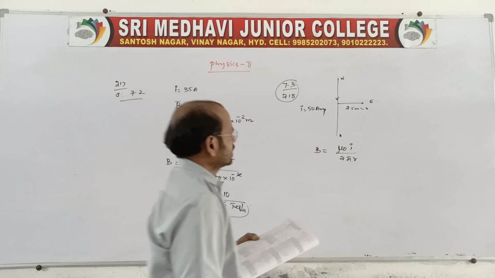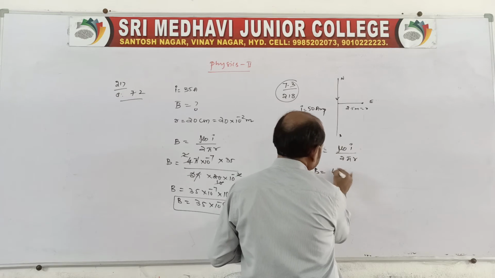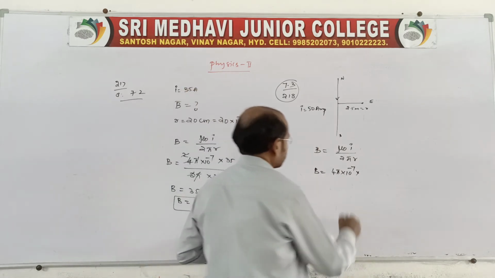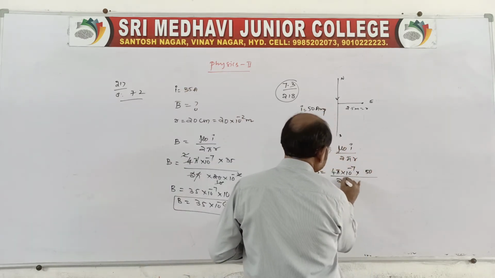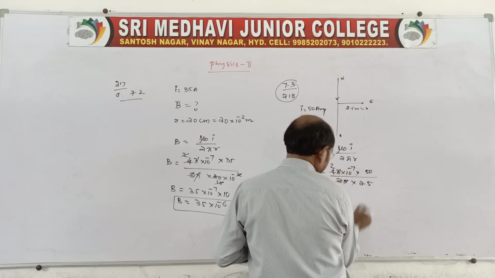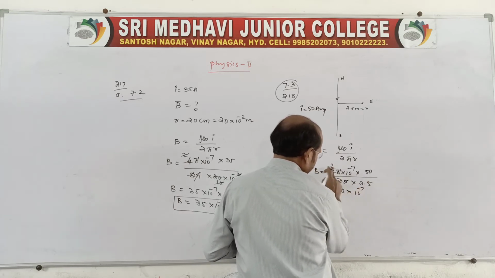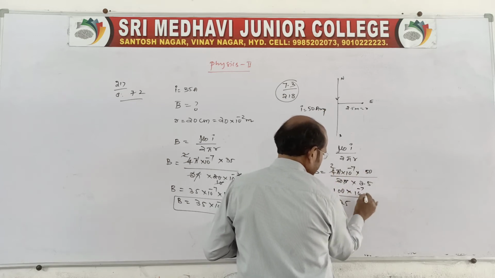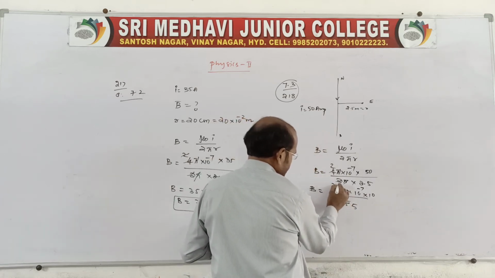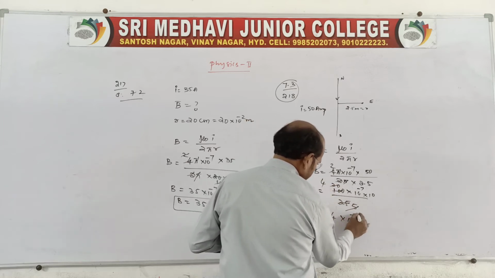The r value is given in meters, so B is equal to 4 pi into 10 power minus 7 into 50 ampere by 2 pi into 2.5. The pi cancels, 2 ones, so B is equal to 100 into 10 power minus 7 divided by 25. 5 fives are 25, so it becomes 20, 5 fours. So B is equal to 4 into 10 power minus 6 Tesla.